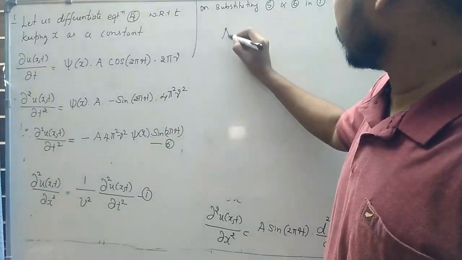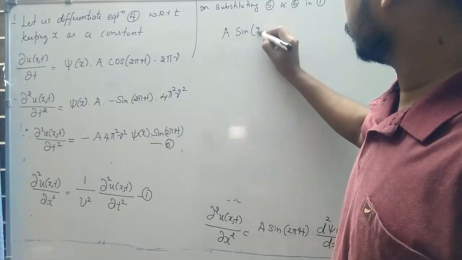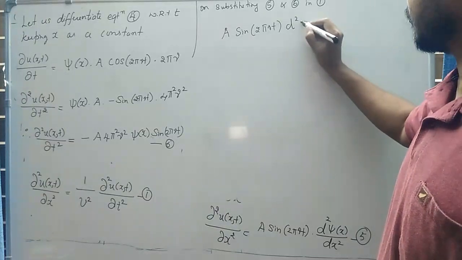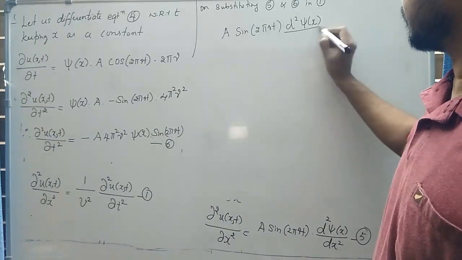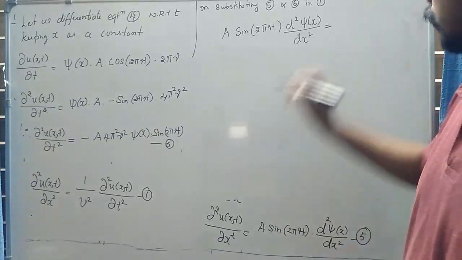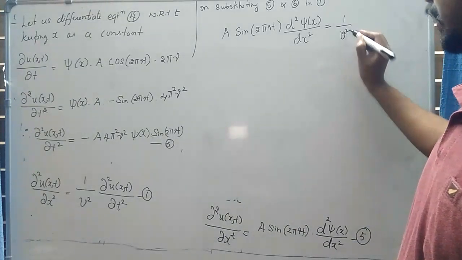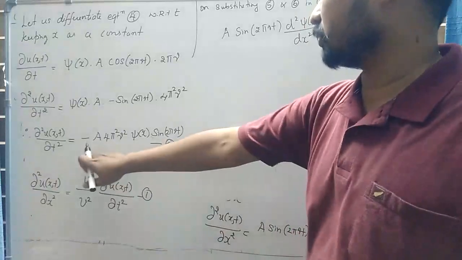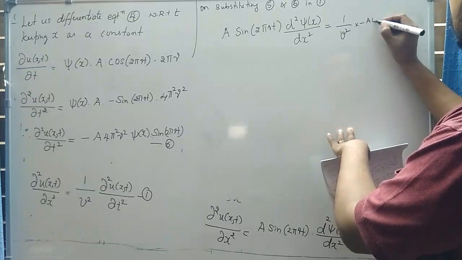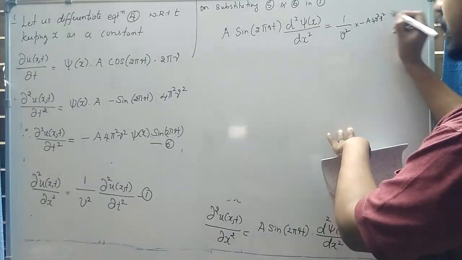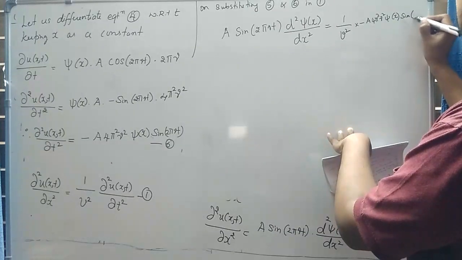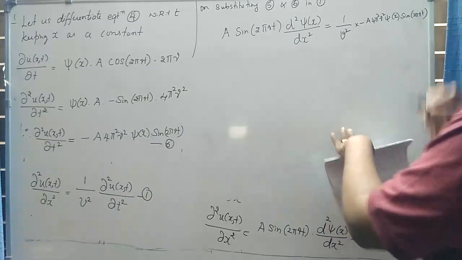It is a into sine of 2 pi nu into t into d square psi of x divided by dx square is equal to 1 by v square into this term is given by equation 6 into minus a 4 pi square nu square into psi of x into sine 2 pi nu into t.